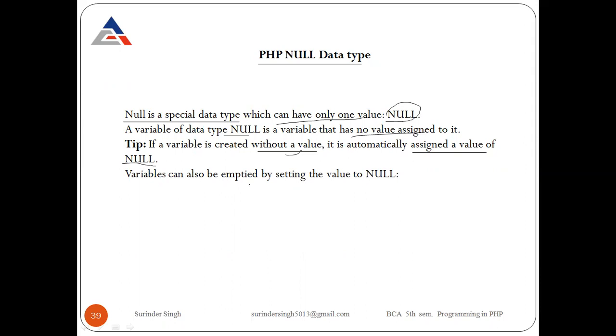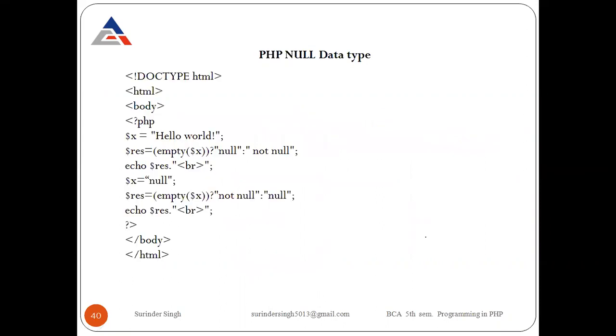A variable can also be emptied by setting the value to null. Clear? Like if x has value 10, we can set it to empty as x equals null. You can see here there are two cases. This is one and this is the second case.